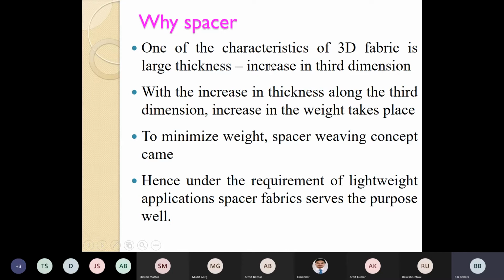That means while producing this fabric, we try to increase its dimension in the third dimension, that is in the thickness direction or in the Z axis. So what happens when we try to make a fabric thicker? Its weight increases.